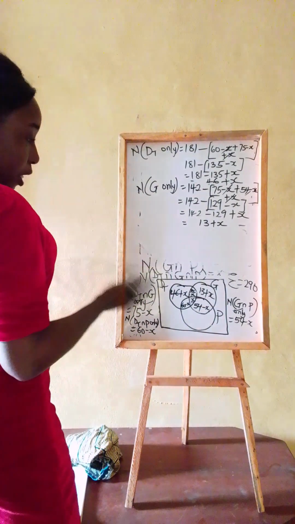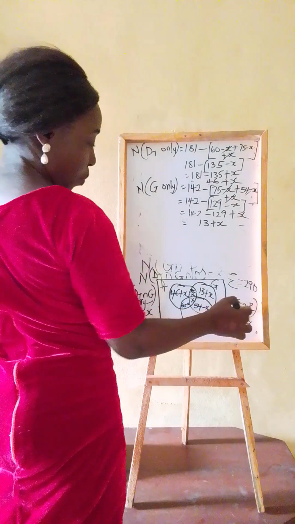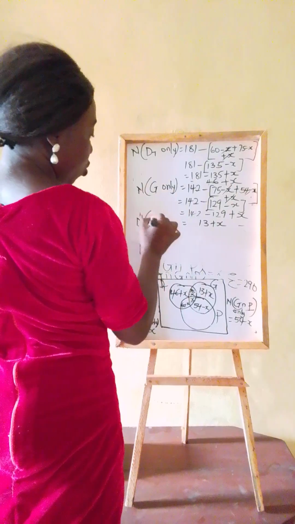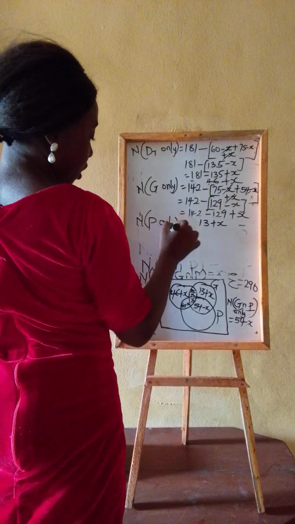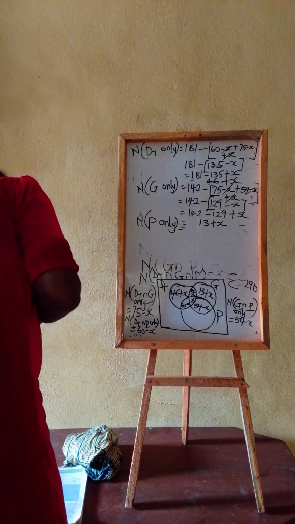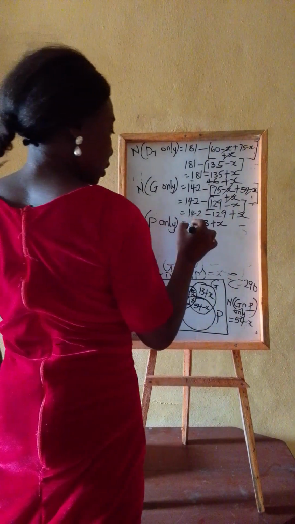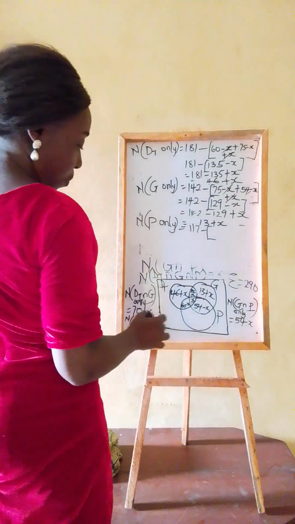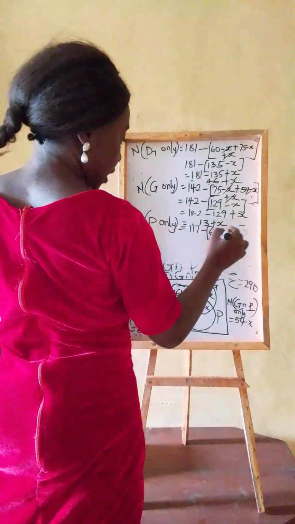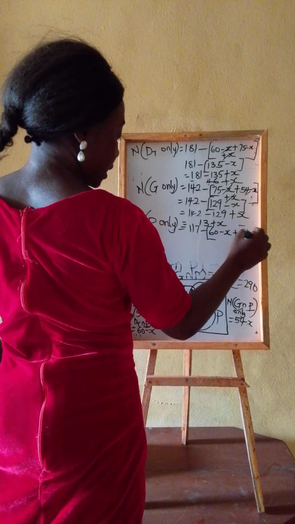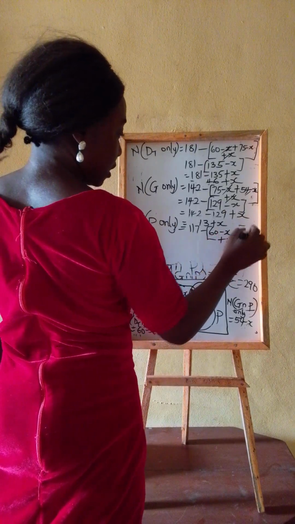We'll look for P, the number of P only. We have 117 minus, now let's go for P: 60 minus x plus 54 minus x plus x.